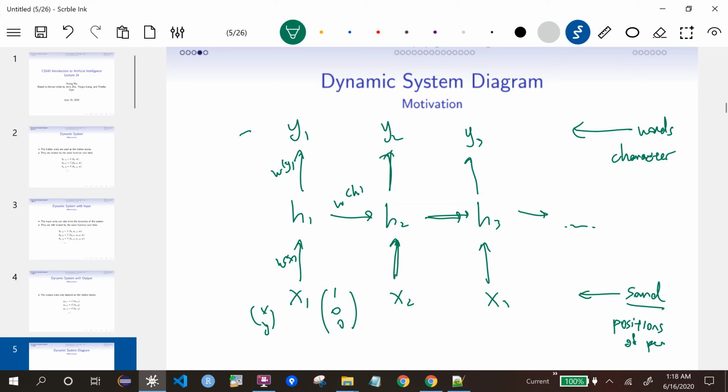And also, I think we had the example of part of speech tagging. So the X will be a word, actually will be something like a vector like this, and then the output is the part of speech of that word.